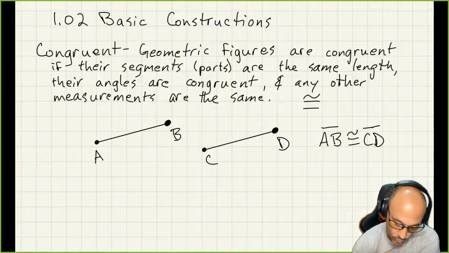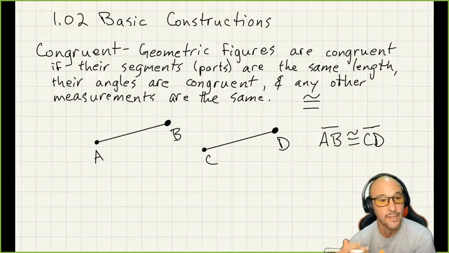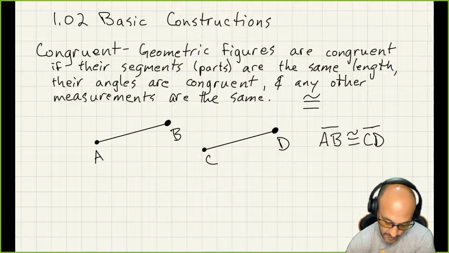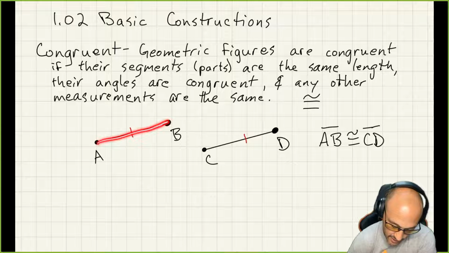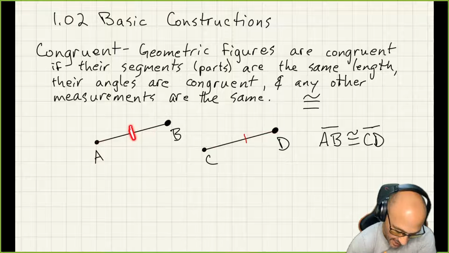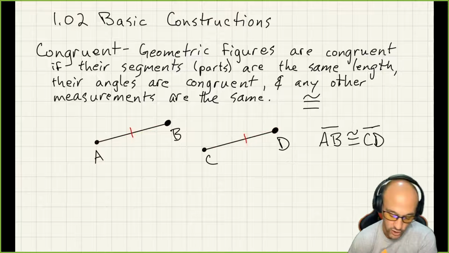The way that we mark it on the line segments themselves is we put a line through it like that. It says this line segment is congruent to this line segment, and this line tells me that that's true.